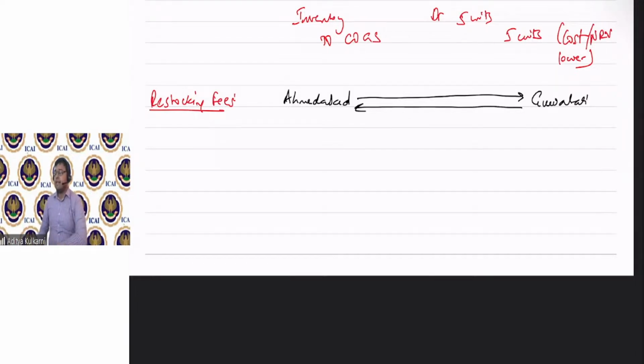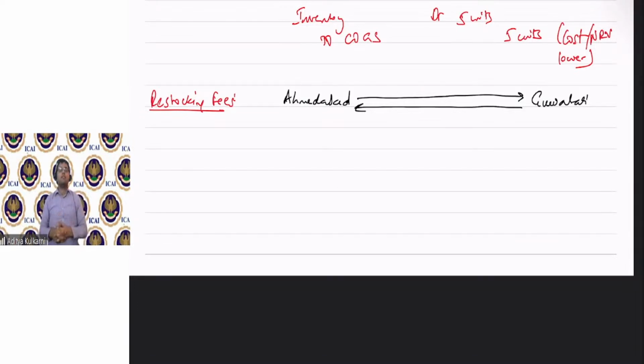When I say inbuilt, what does it mean? When I say the goods have to be inwarded from Guwahati to Ahmedabad, the cost of the transport will be paid by the customer. In what manner? We call this cost, which is repaid, as restocking fees.